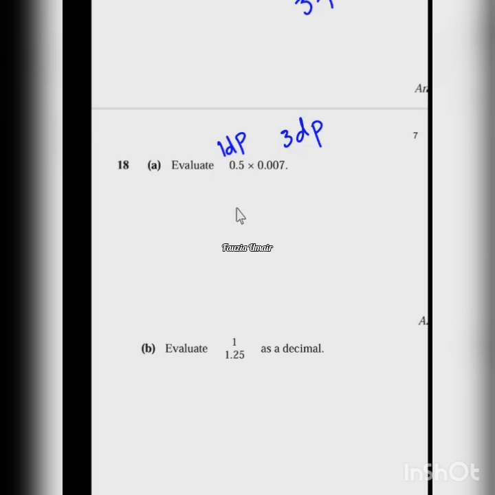So can you tell me the answer? 0.0035. That is your answer. 7 into 5 is 35, and 4 decimal places. Very good.